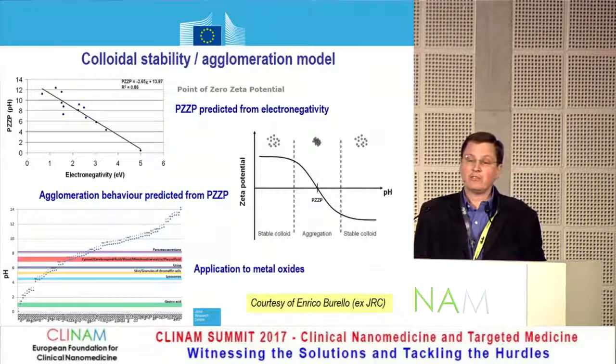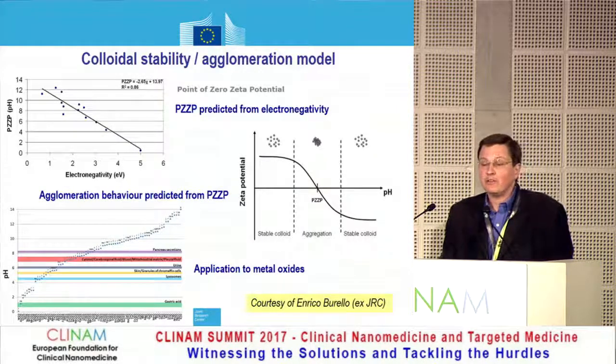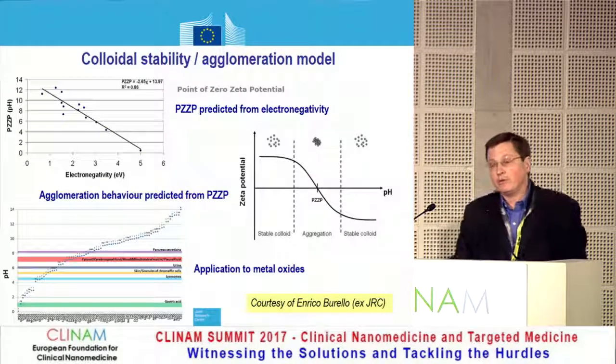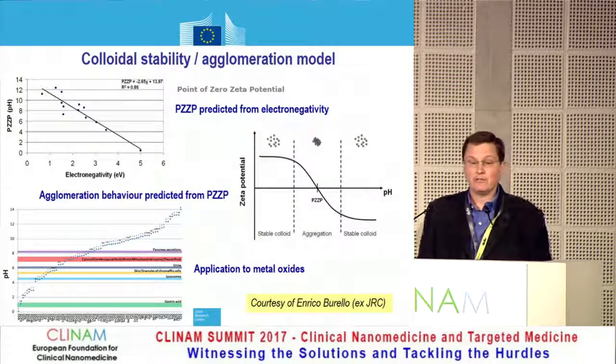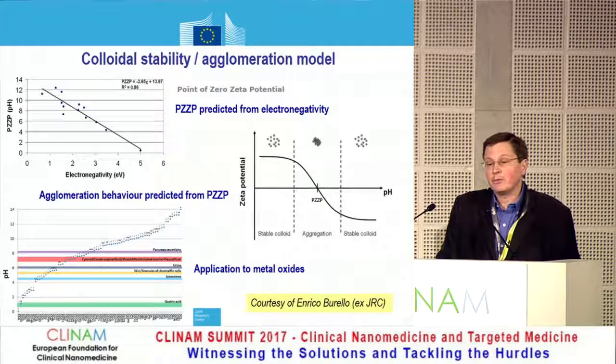So to illustrate, again, an SAR model that is based upon mechanistic reasoning, here is an example where the point of zero zeta potential or the point of zero charge is predicted from electronegativity. And the electronegativity can, of course, be looked up in a physics handbook. And in this case, the point of zero zeta potential is being used to predict the agglomeration aggregation behavior of nanomaterials.